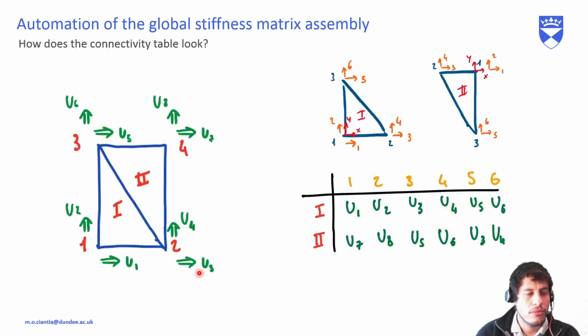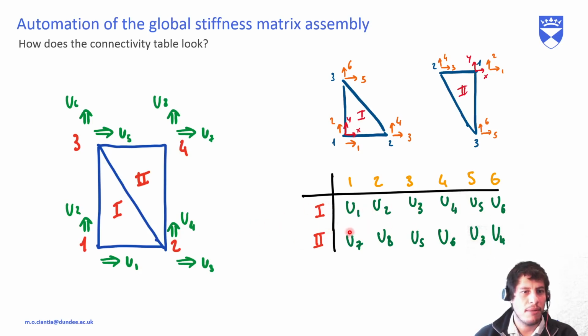So we're used to building our connectivity table. And in the case where we highlight all the nodal displacements, we see that for finite element 1 and for finite element 2, we fill the table. In fact, each element will have 6 local degrees of freedom, but then it will have 6 of the global ones because we're highlighting all of them. So it's always full.